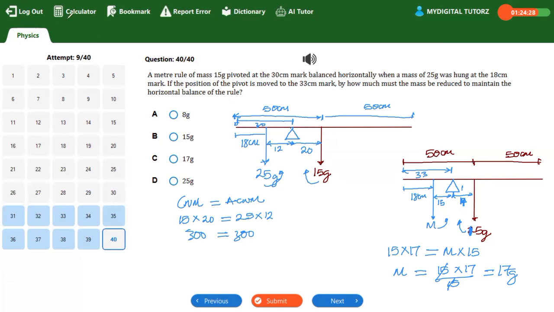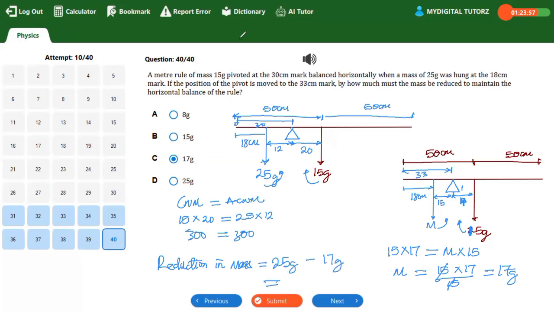So our correct answer here is option what? Option C. No, the mass to be reduced. Since this is 15, 17, the reduction in mass will now be equal to the initial mass, 25 gram, minus what we have now, which is 17 gram.